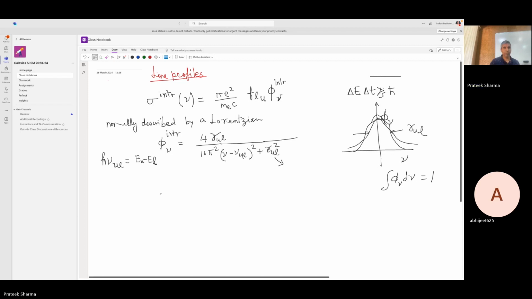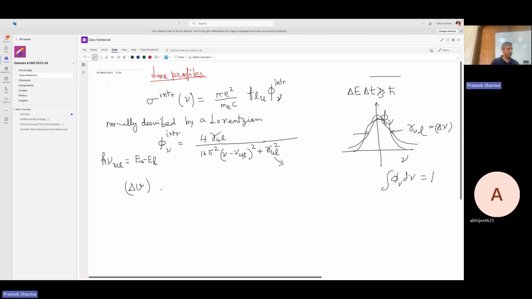A lot of times we go back and forth from frequency space to velocity space. So we can convert the width in frequency space to a width in velocity space. This is the width that I just marked here in frequency space, like a delta nu.